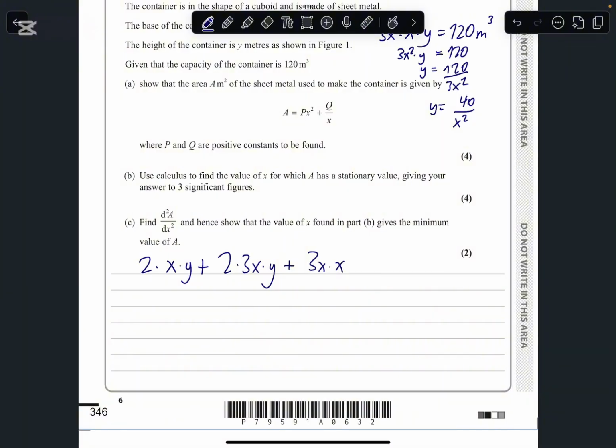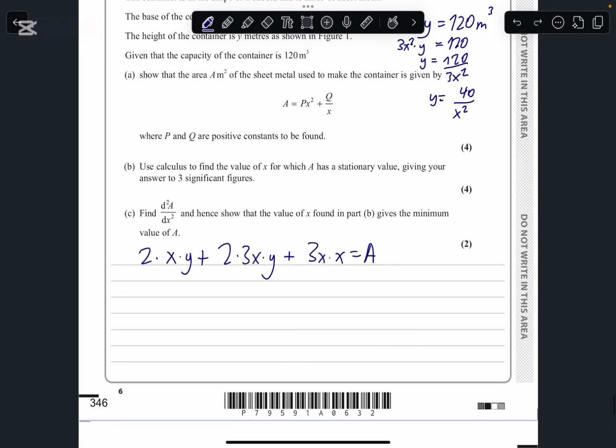Now, because we need to show this equation without y, we will go ahead and substitute the y for this that we found here. So we'll say 2x times 40 over x squared plus 6x times 40 over x squared plus 3x squared is equal to A.